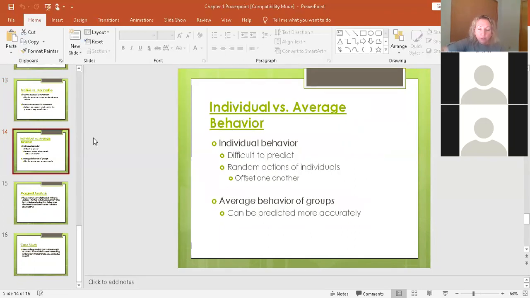Individual versus average behavior. Again, it's a study of human behavior, hard to predict what everybody's going to do. But a lot of times we can make generalizations about groups of people where we can't specifically pinpoint an individual's behavior. So for example, like the water versus diamonds thing, I could have said that 90% of the class was going to choose water and 10% was going to choose diamonds, within a couple of percentages.